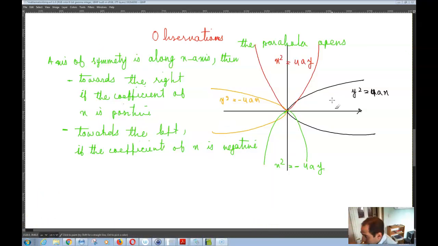Okay, so now there are basically two more cases over here.